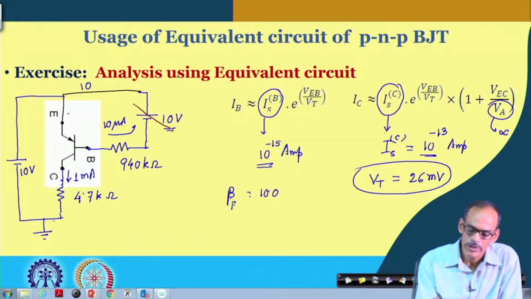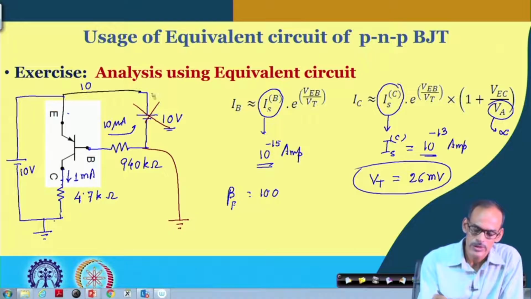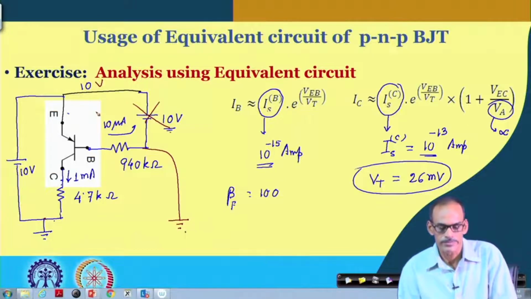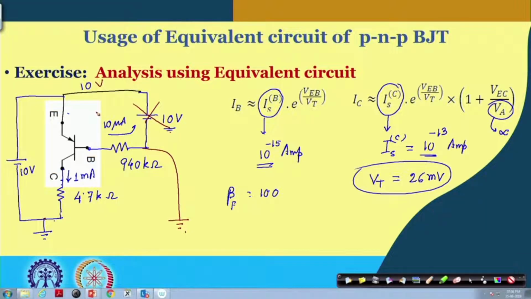You may simply remove this one and simply connect this to ground. You will be getting the same circuit, because this is 10 volt from this one and this is also 10 volt. So, we call this the common terminal. Even if you are not using this one, you can connect the circuit like this. Anyway, we will go into a little more detail of the circuit later.